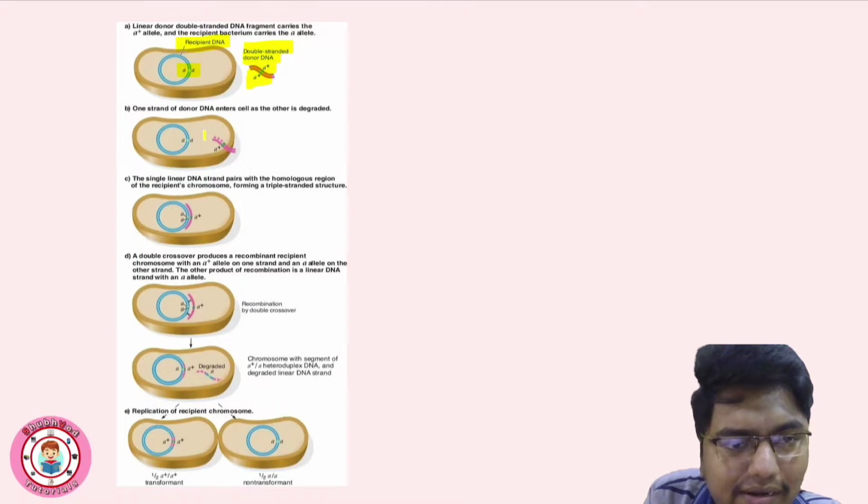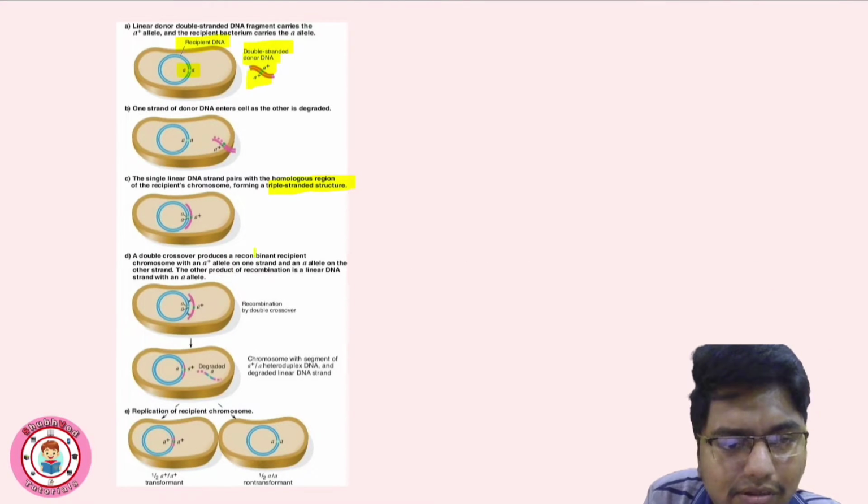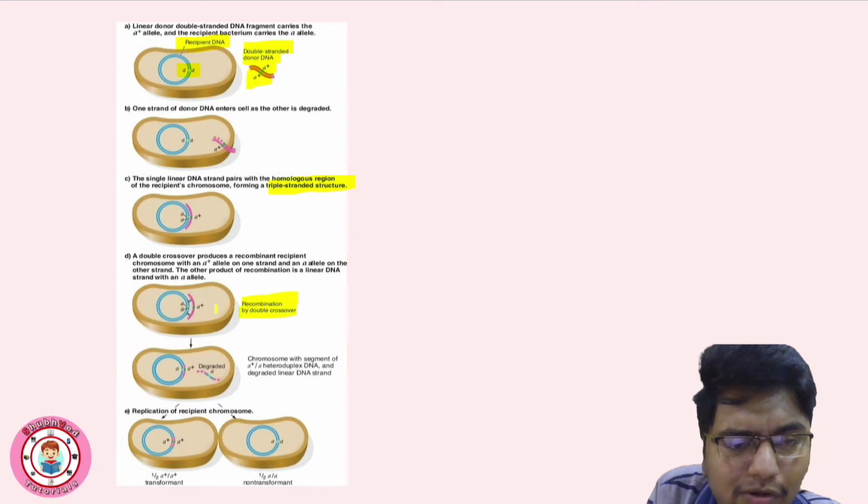Then it binds to the double-stranded DNA, and this is known as a triple-stranded structure. After this, there is recombination by double crossover. A plus gets entered into the bacterial chromosome, and the homologous A is exchanged. Then the exchanged part is degraded.